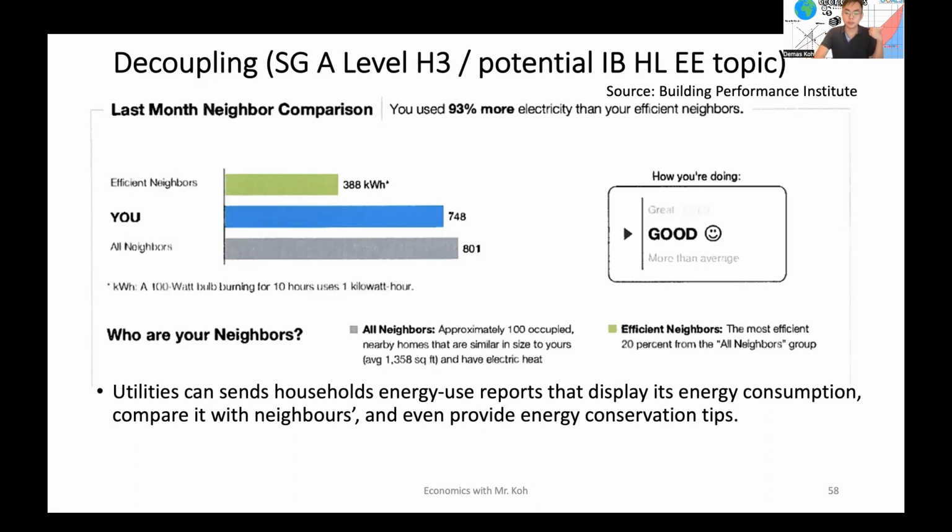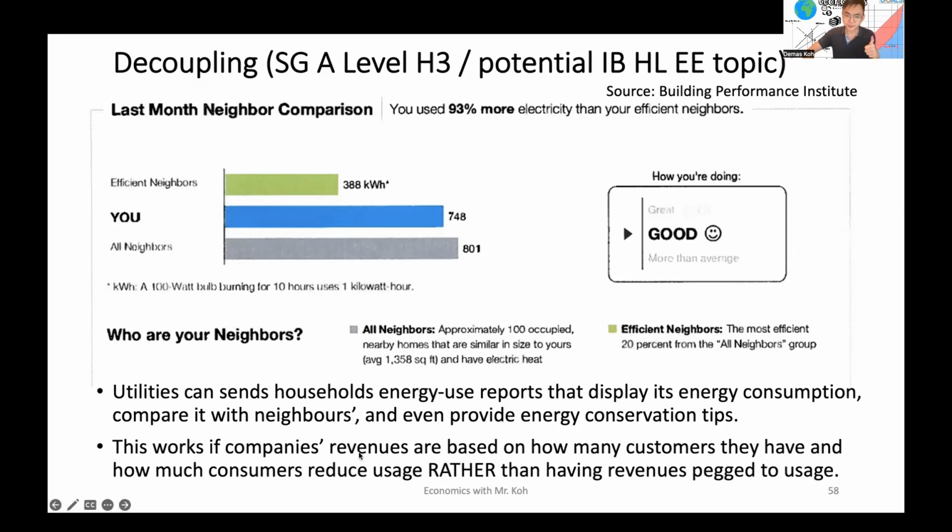So firms don't just earn more profits based on the quantities of electricity sold, but rather on how many customers they have and how successful consumers are at lowering the amount of electricity used. Yeah, so this is an application, very interesting.